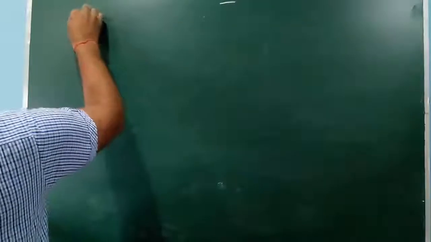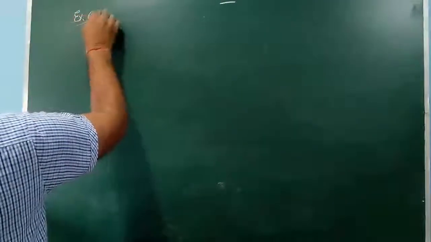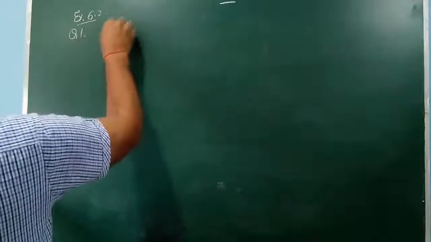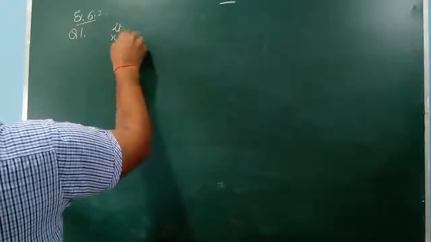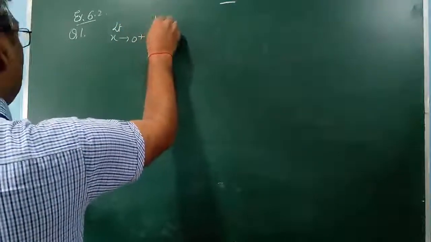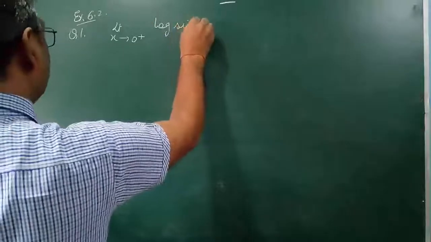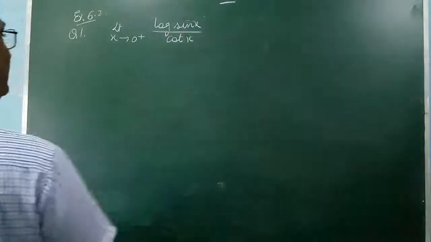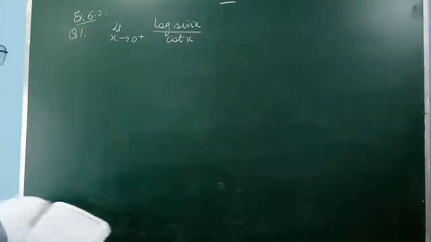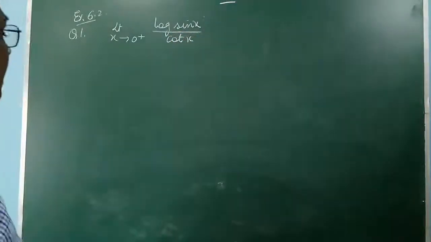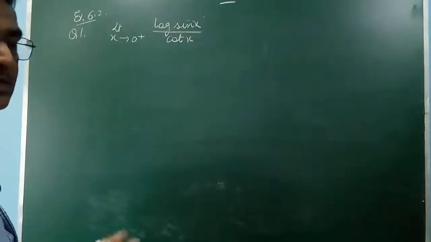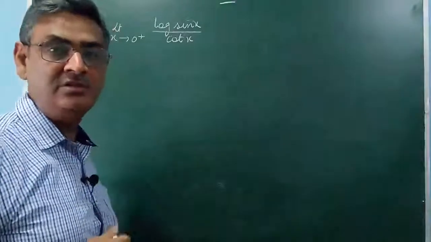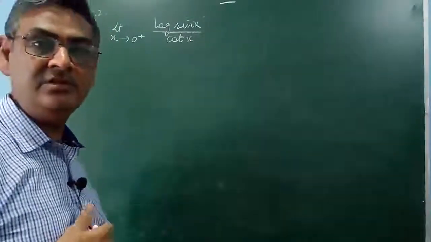Now we come to exercise 6.2 and question number 1, limit x tending to 0 plus log sin x upon cot x. So log 0 is not defined, it is infinity, and cot x is cos upon sine, and whenever we are having sine 0, so sine 0 is 0, anything divided by 0 is also infinity.